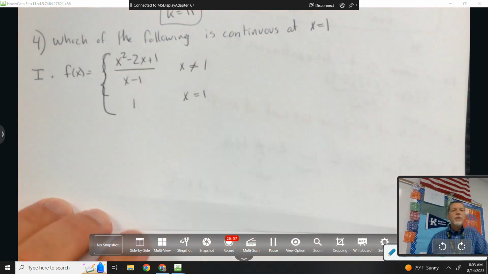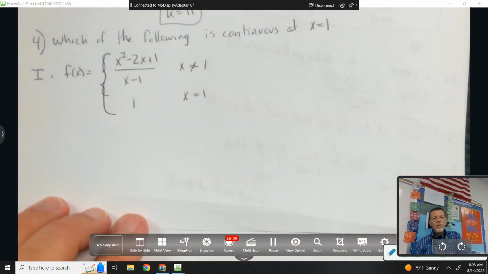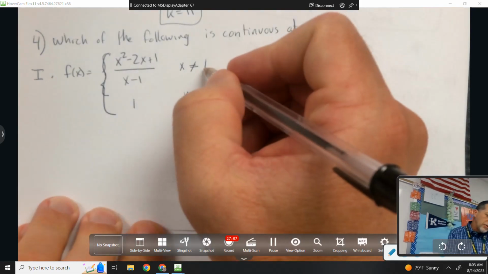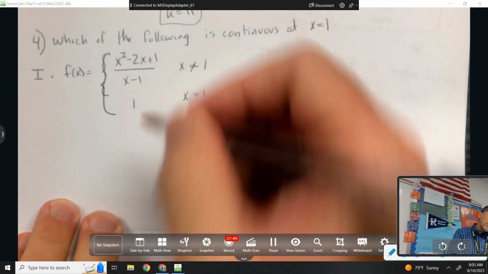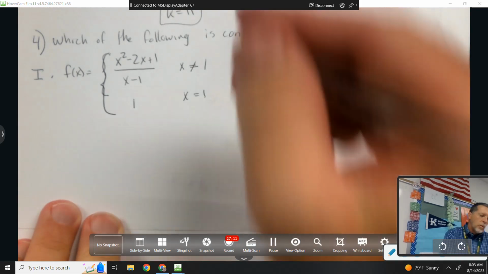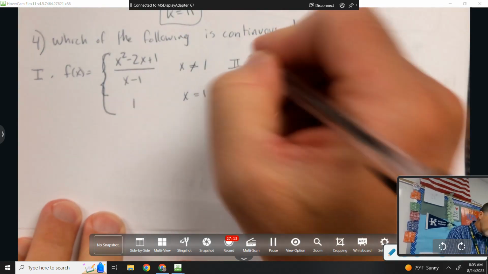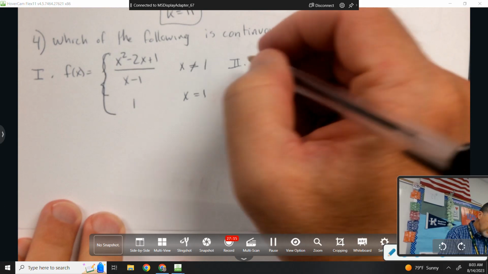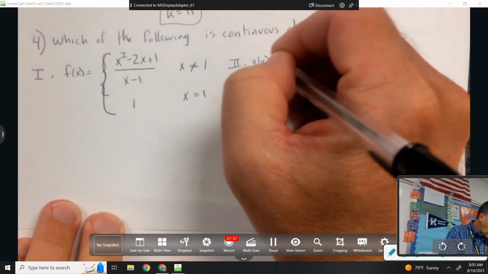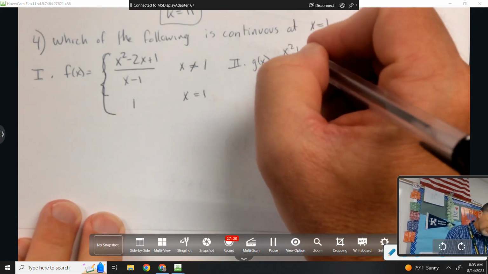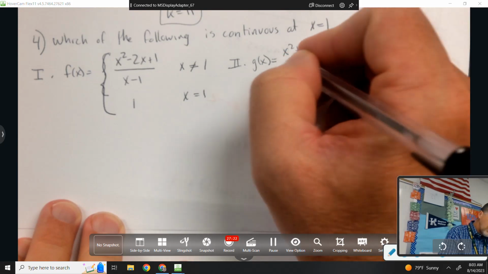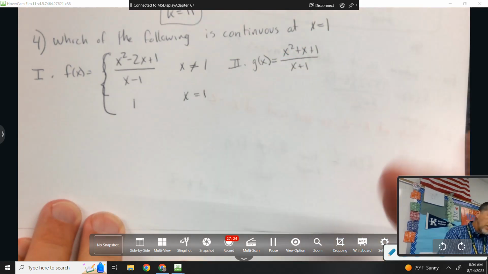Kind of a goofy one. x squared minus 2x plus 1 over x minus 1 when x is not equal to 1, and when x is equal to 1, then our output is 1. So that's kind of a weird statement. Roman numeral 2, g of x equals x squared plus x plus 1 over x plus 1.